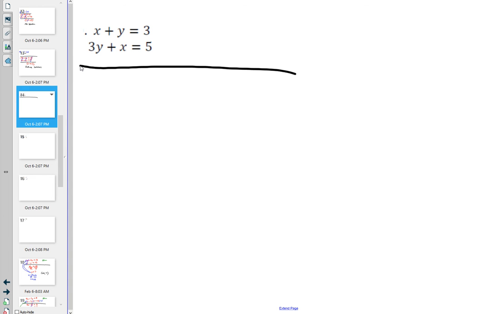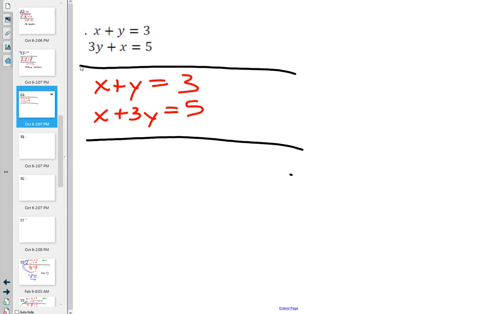Laura's really smart. What method did you use? Thea? Yeah, but see, the problem with elimination is that the columns are not lined up. So even though they're both in standard form, you're probably going to want to rewrite the second equation with the x coming first. And then when you do that, it looks like the x's are all ready to go, but they have the same sign.